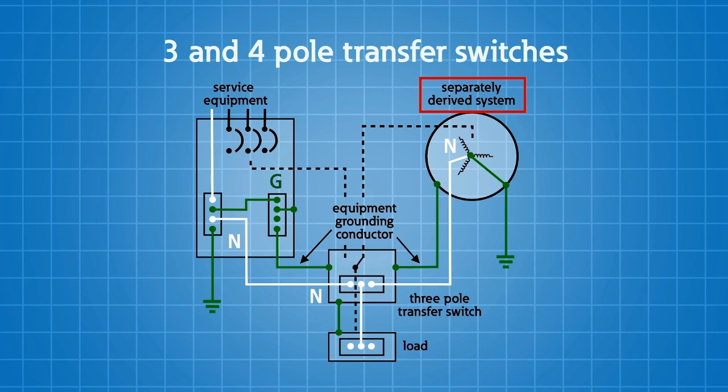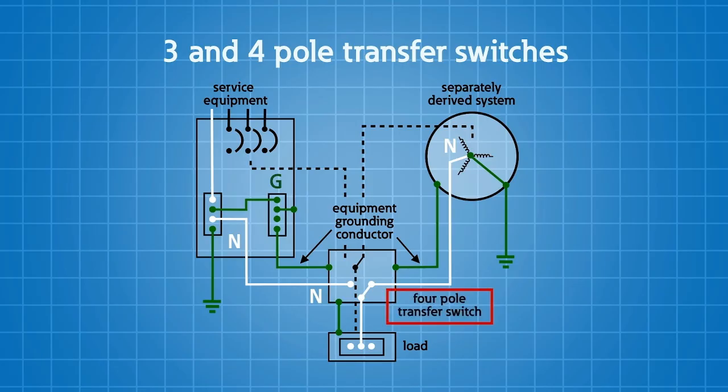So when I have a neutral conductor bonded and grounded in two separately derived systems, remember I have it grounded and bonded in my service panel, I have it grounded and bonded in my generator, I need to make sure that I only have one place where that occurs, and to get that done, I need to switch the neutral in the transfer switch. So that means I would need to have, say for example, a 4-pole transfer switch.